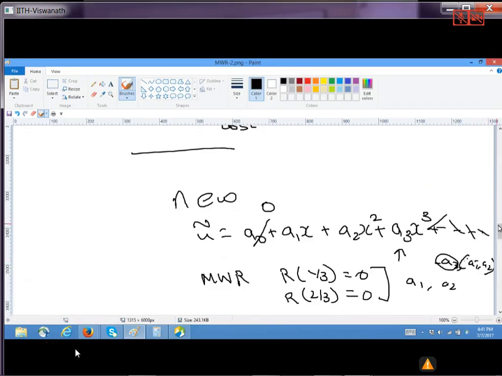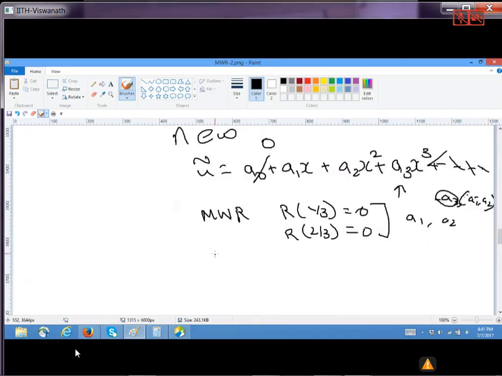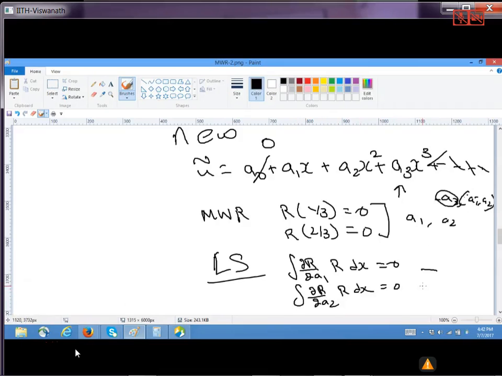And similarly, for the collocation method or least square method, you can write dou r by dou a1 r dx equals 0, and dou r by dou a2 r dx equals 0, which will give you two sets of equations in terms of a1 and a2.